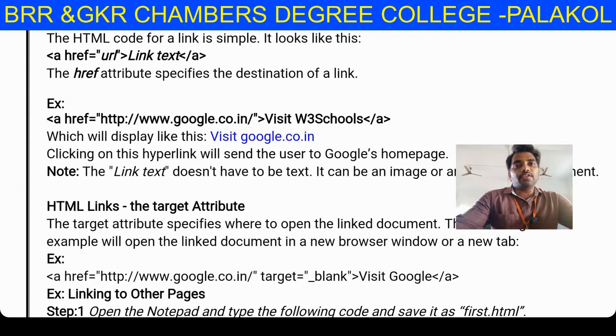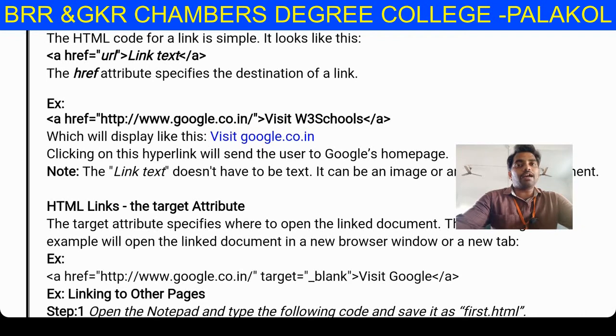The href is the attribute that specifies the destination of the link. This URL is the destination of the link. Suppose angle bracket A href is equal to double quotation, you write the URL, http://www.google.co.in.